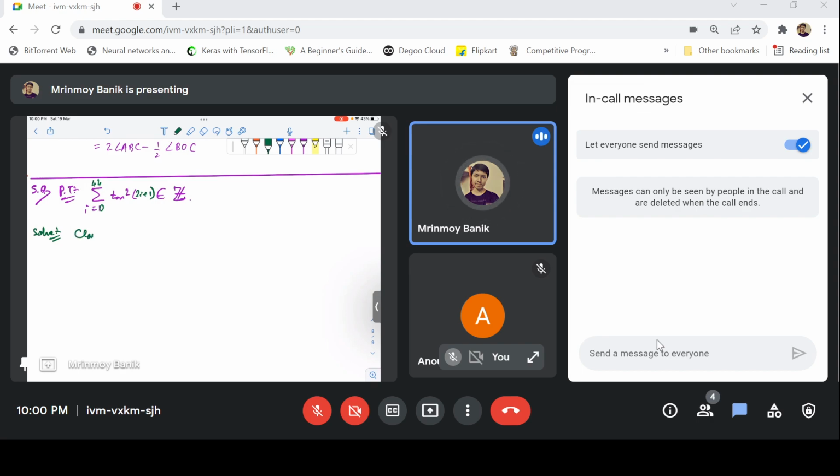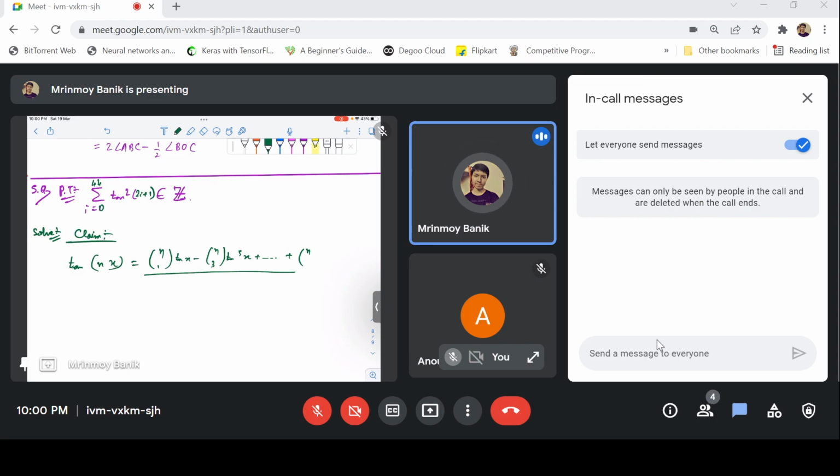So first claim is tan nx equals nC1 tan x minus nC3 tan cubed x and so on, up to infinity, or whichever.